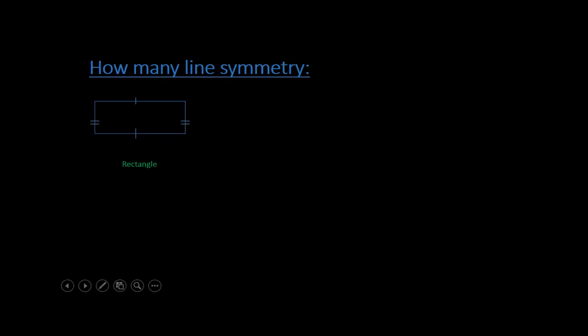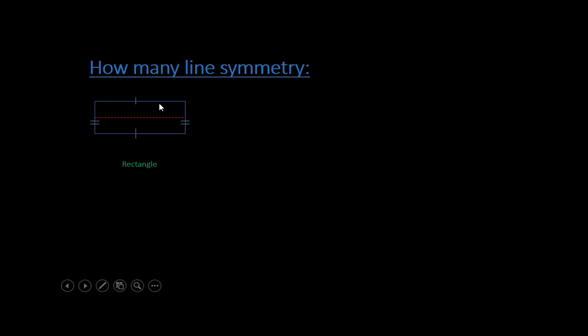That means we can fold this and divide it into small parts. Let's divide this. I can say this rectangle has only two lines of symmetry. But how? The first line of symmetry, because if you fold this, it will be the same. The upper part is the same as the bottom part.